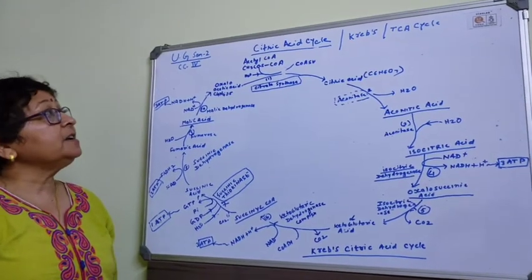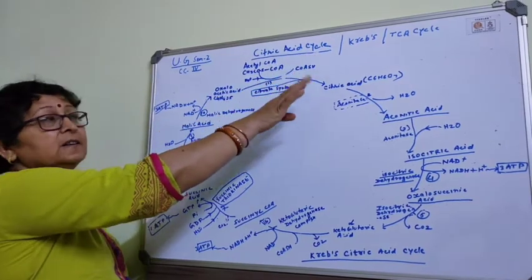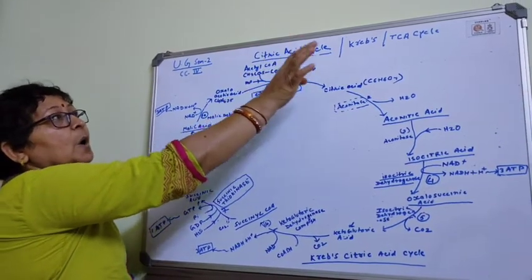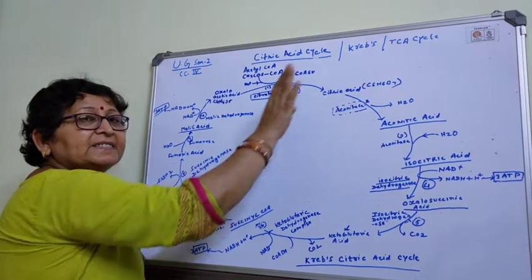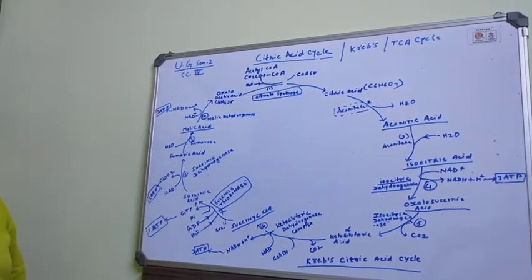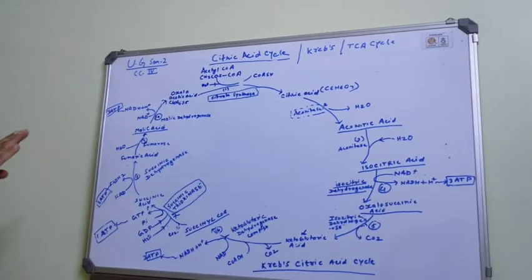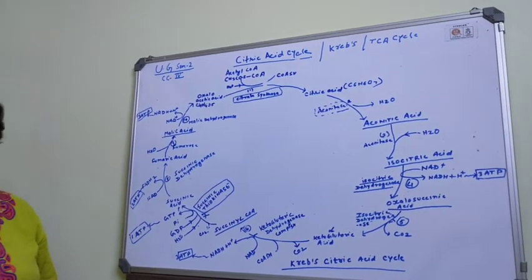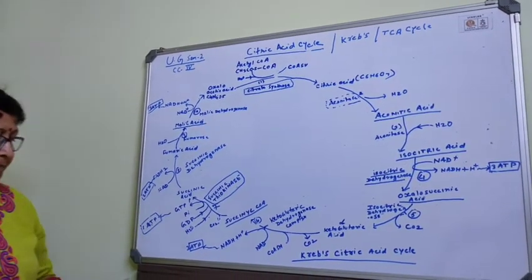Today we will study the citric acid cycle. The citric acid cycle, Krebs cycle, or TCA cycle is the same thing. This Krebs cycle reaction occurs in the matrix of mitochondria.